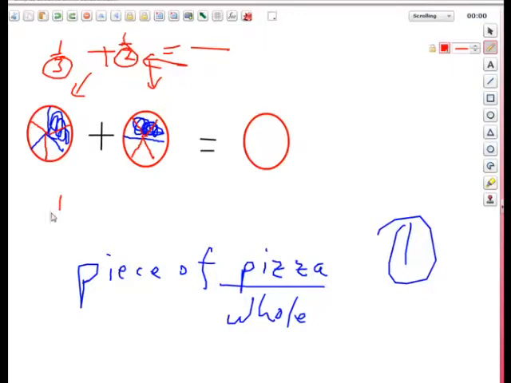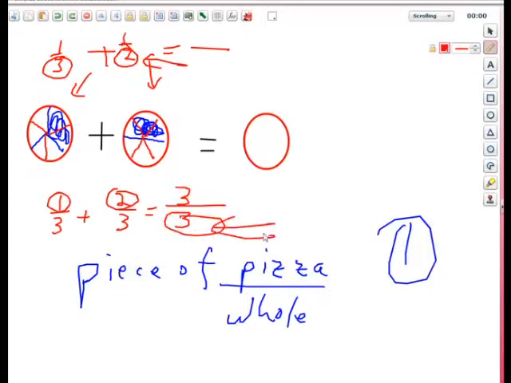So for example, if we've got one whole made up of 3 pieces, and we've got another whole made up of 3 pieces, and we've got one section of the first whole and 2 sections of the second whole, that means we have 3 pieces that we're dealing with out of an entire piece that is divided into 3 pieces. So the denominator doesn't change, it doesn't add up, because all it's doing is telling us how many pieces the whole is divided into. Okay?